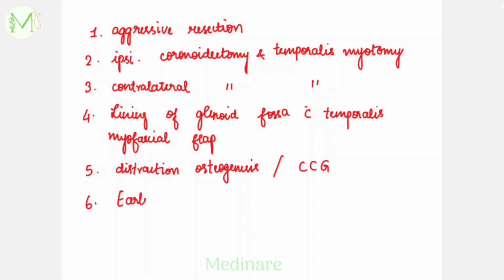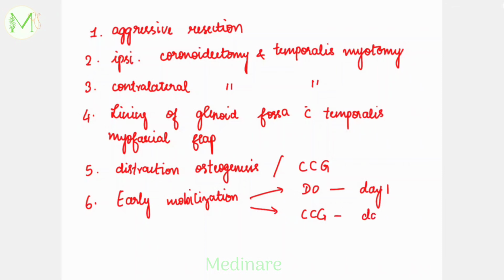Early mobilization should be done from day 1 for distraction osteogenesis, and after day 10 for costochondral graft. And then aggressive physiotherapy should be done for the next 6 months.